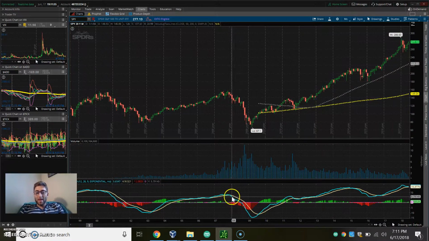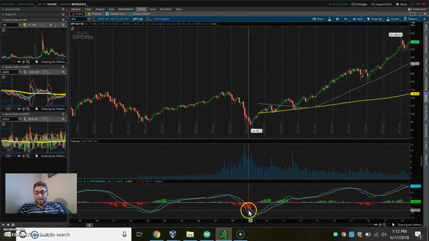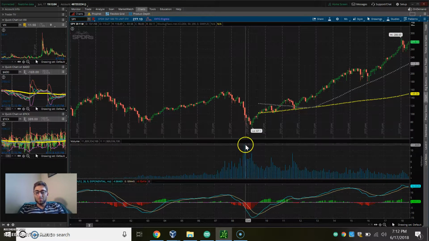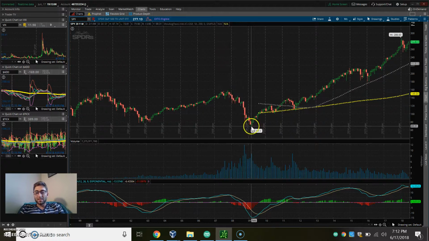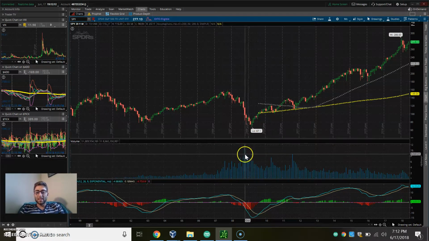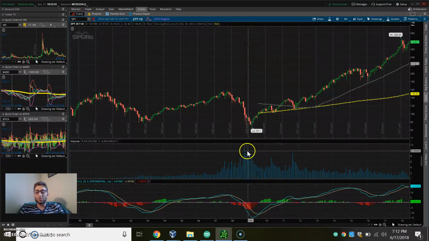And when I go down to the MACD, you can see the two lines, the slower average and the faster one. And I like to wait for a huge volume bar, and once it is completely sold off and the volume starts picking up, you can kind of start seeing the bottom forming.